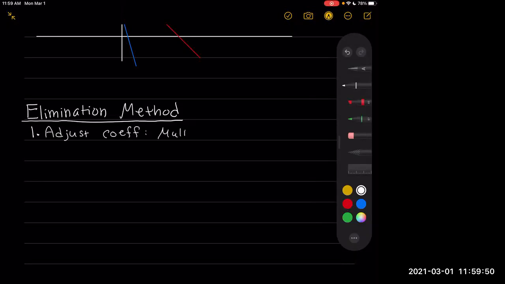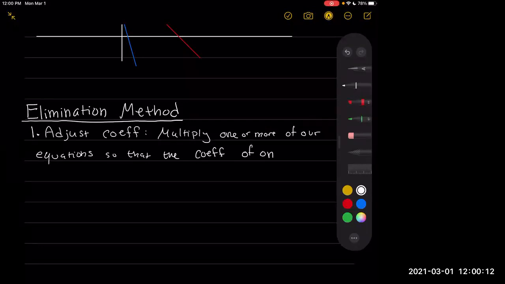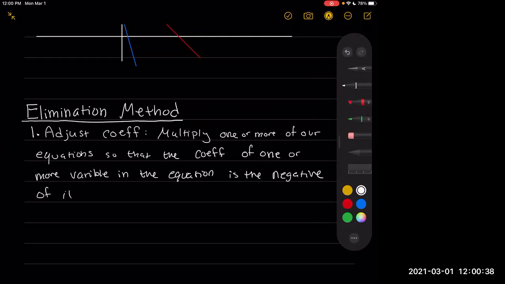And so we're going to multiply one or more of our equations so that the coefficients of one or more variables in the equation is the negative of its coefficient in the other equation.